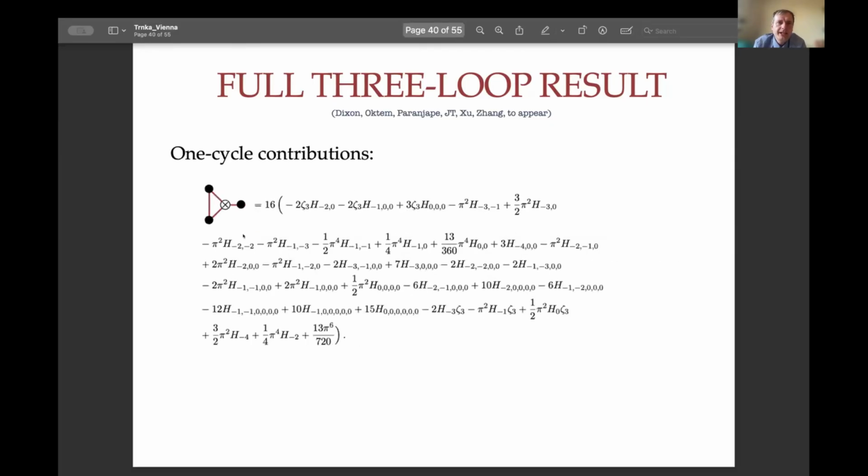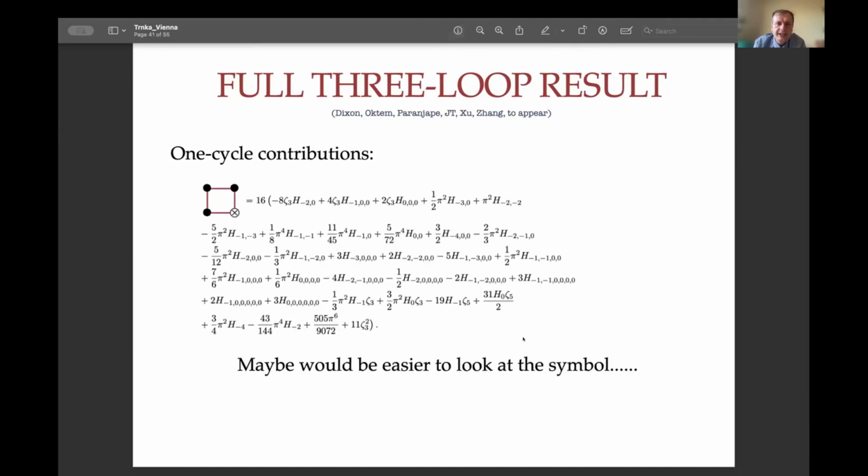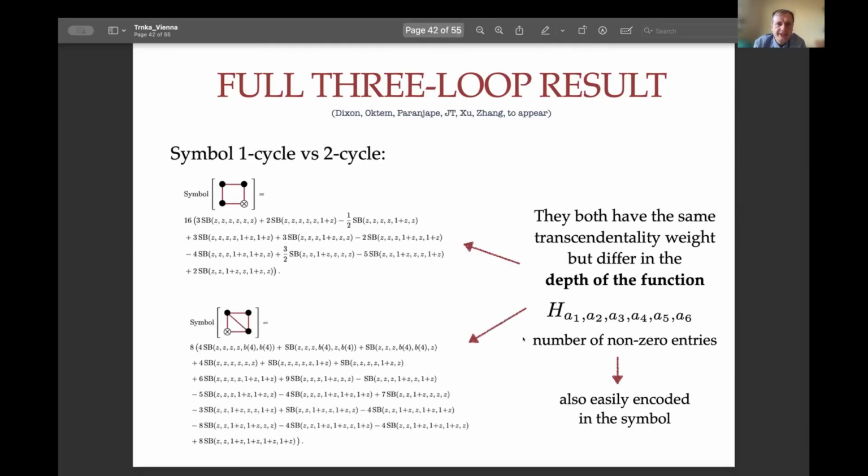It's very simple. If we look at one cycle, we see more complicated harmonic polylogs. Actually, this is not just classical polylogs; we have to go to this more general harmonic polylog space. There are a number of these one-cycle contributions. We can look at one, we can look at the other. But to see some pattern, we would like to look at the symbol rather than the functions directly. If we compare the symbol for one cycle and two cycles, we easily see that there is a more complicated symbol present in the two-cycle than in the one-cycle.